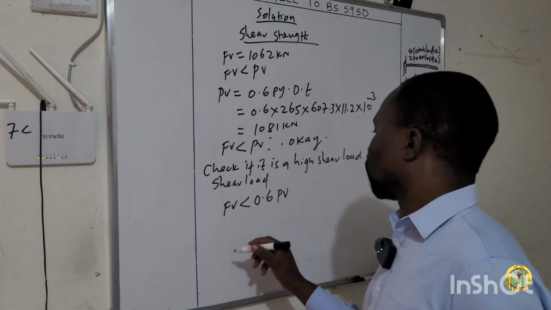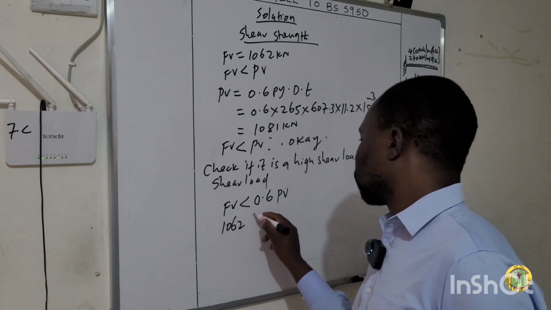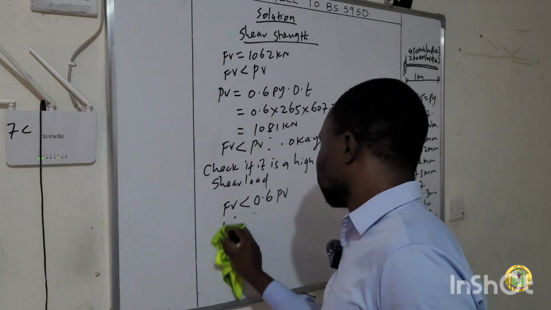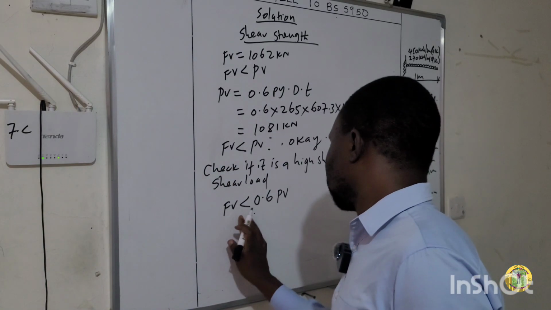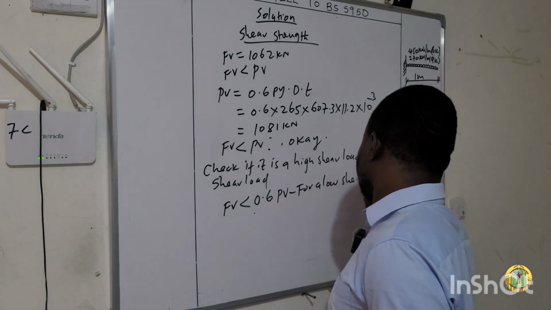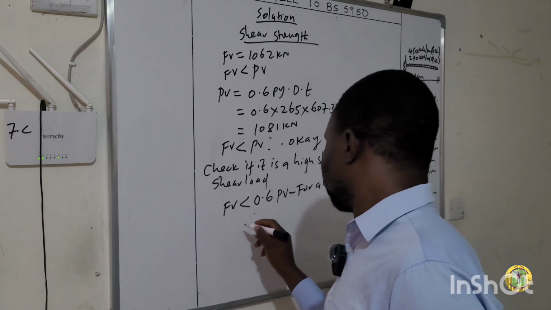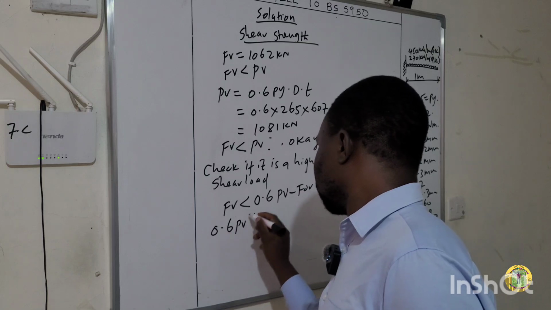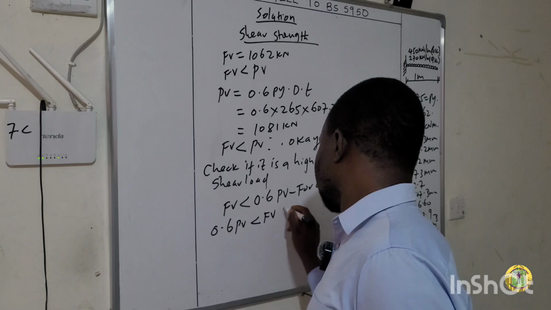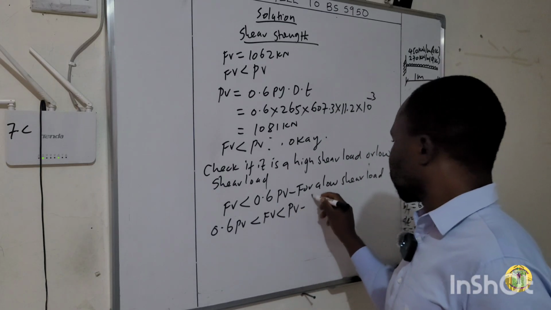So FV is 1062, and no, let's calculate the 0.6 PV. This is for a low shear load. And for a high shear load, it will be 0.6 PV is less than FV, and FV is less than PV. So this is for a high shear load.